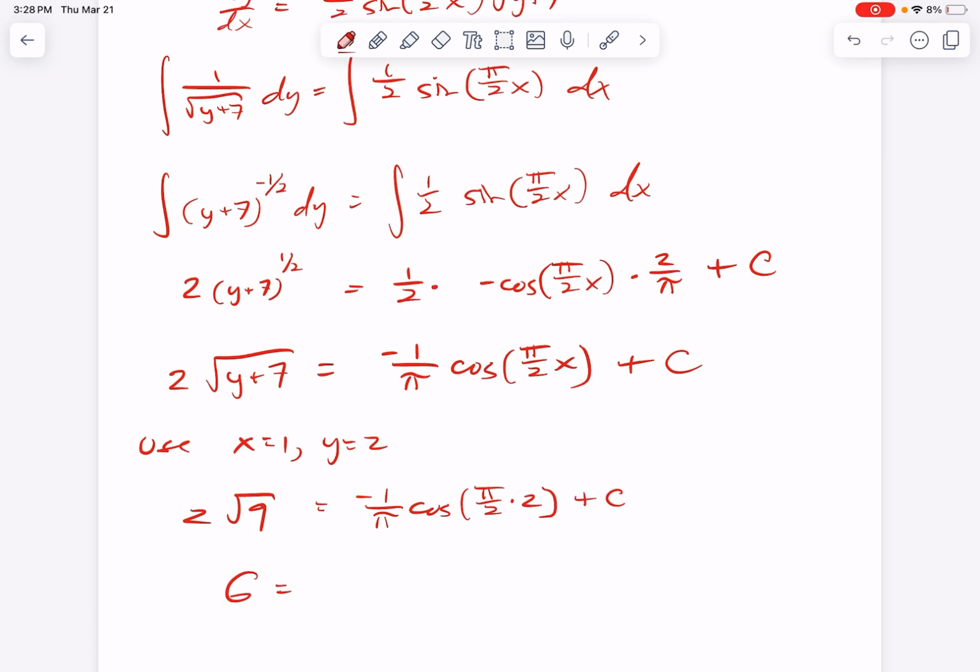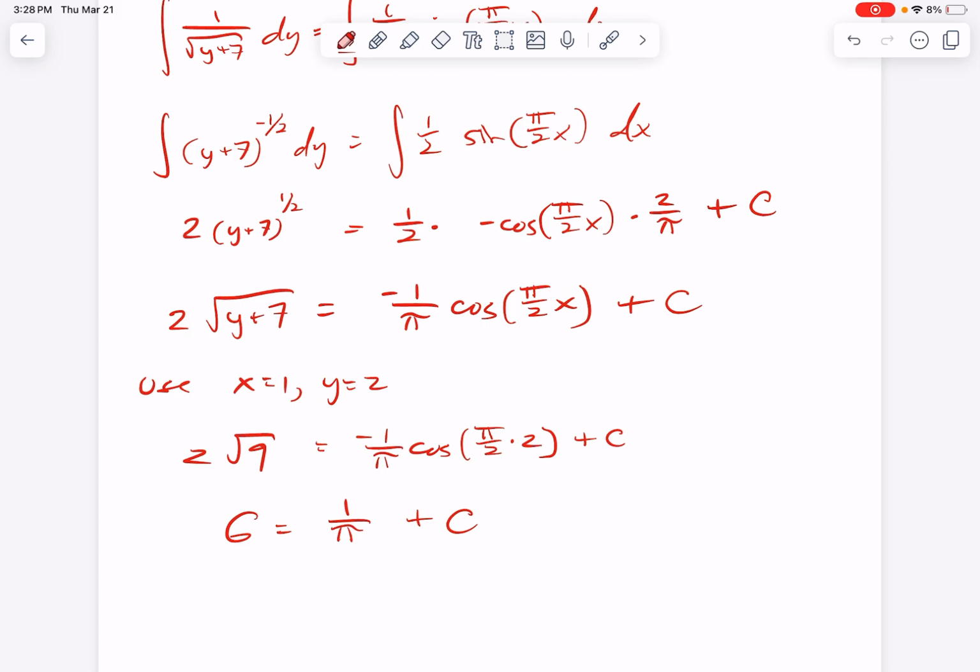So this is 6 equals, this is pi. Cosine of pi is negative 1. So this would be 1 over pi plus c. And so that means that c is 6 minus 1 over pi. A little bit ugly, but that seems to be what we're getting.